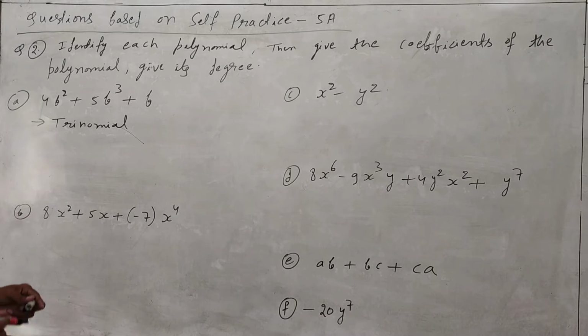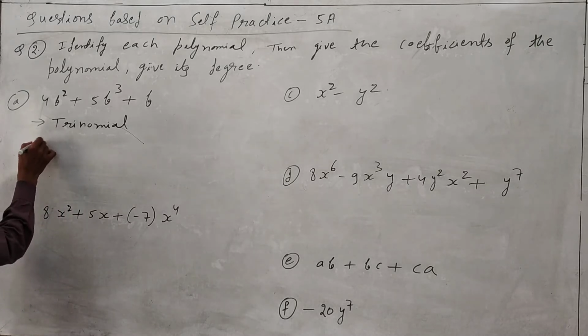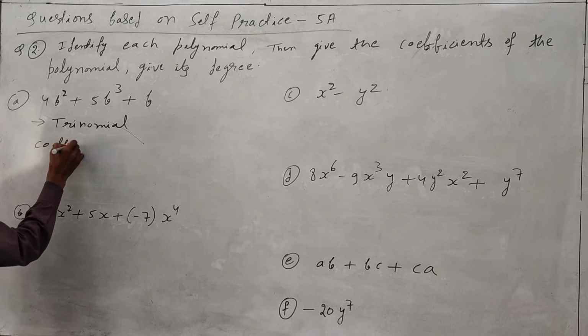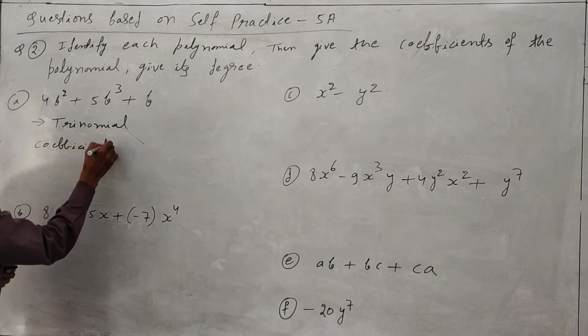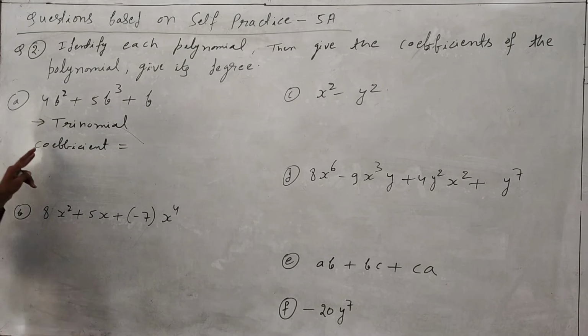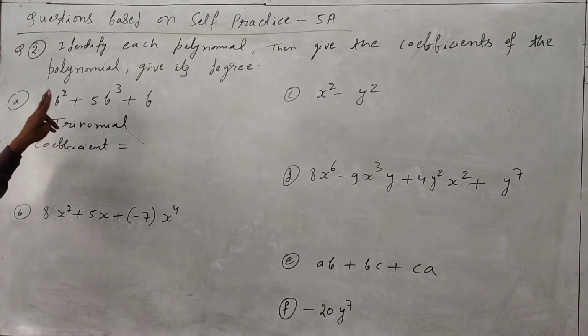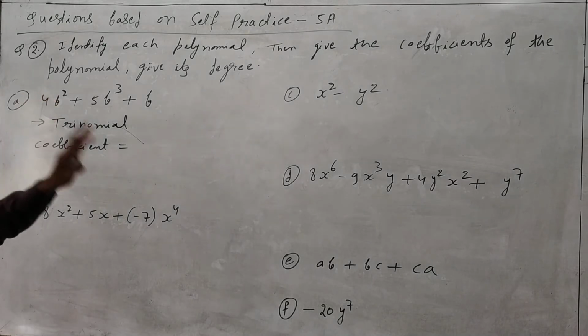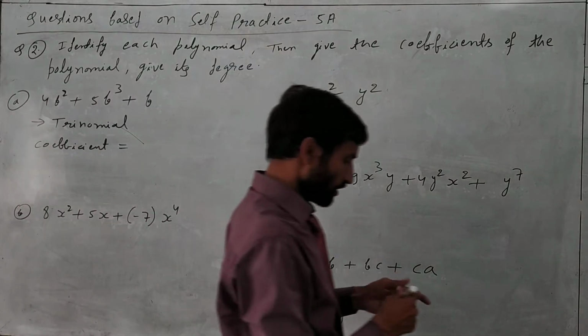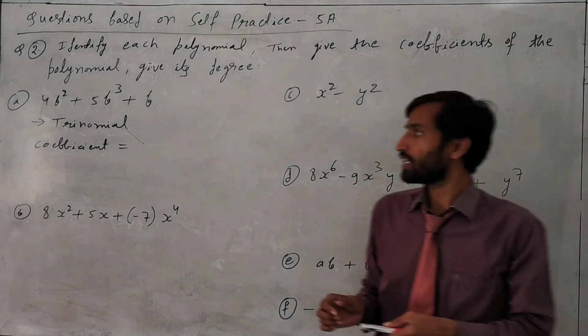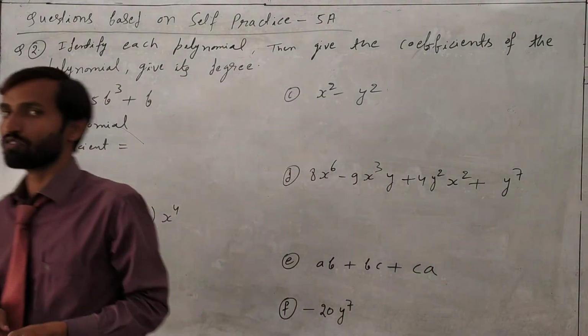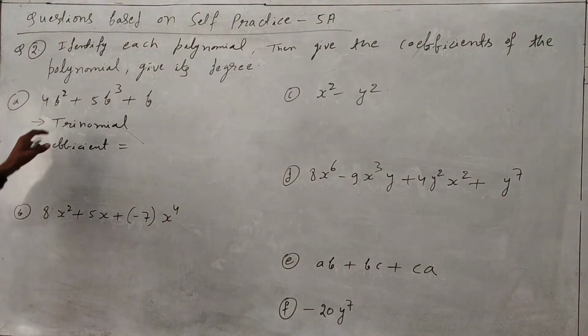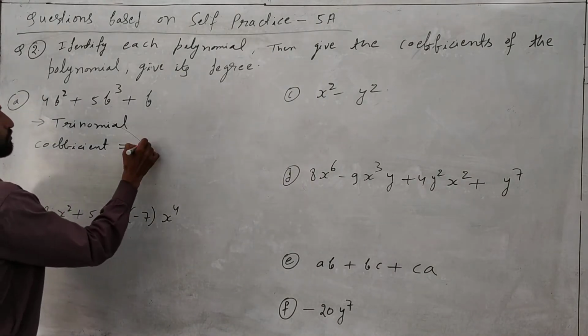After that we have to find the coefficient. Just write down the coefficient of each term. The coefficient of the first term, b square, is numerical. We have to give the answer in numerical value only, because the numerical coefficient you have to find, not the variable. In b square, 4 is multiplied, so it will be 4.